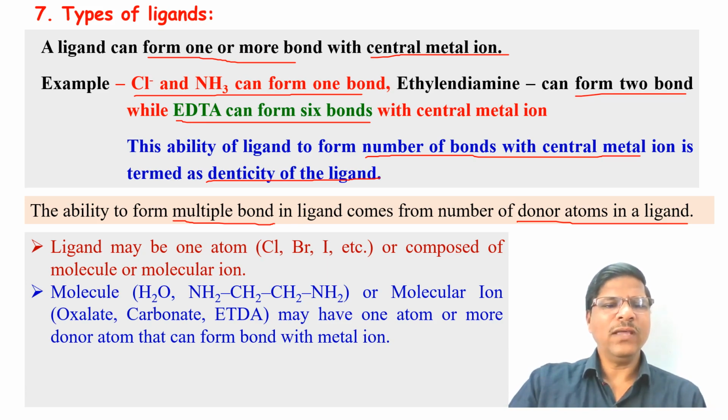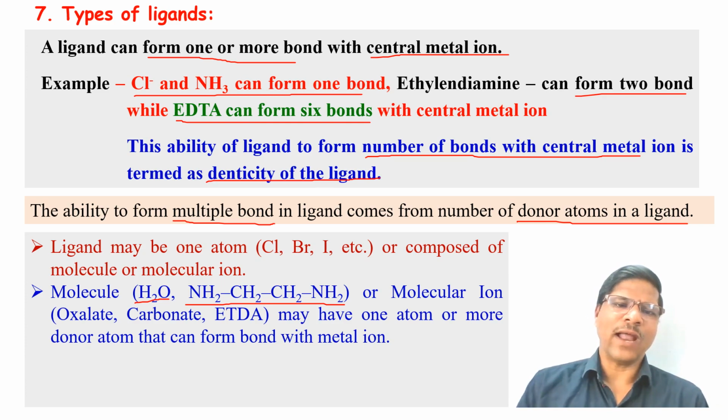So in a molecule or molecular ion, the atom which is electron rich usually acts as the electron donor. In ethylene diamine, NH2, CH2, NH2, we have two nitrogen atoms with lone pairs of electrons, and they act as donor atoms.